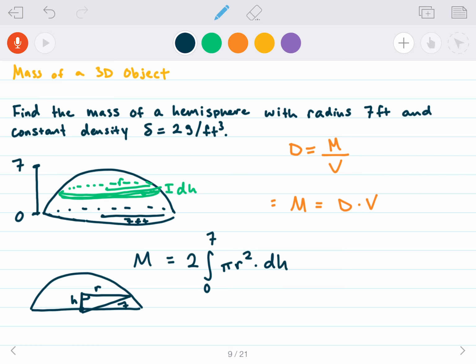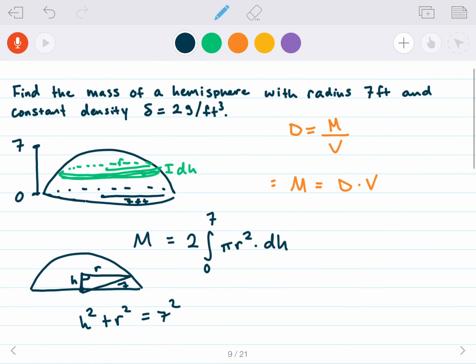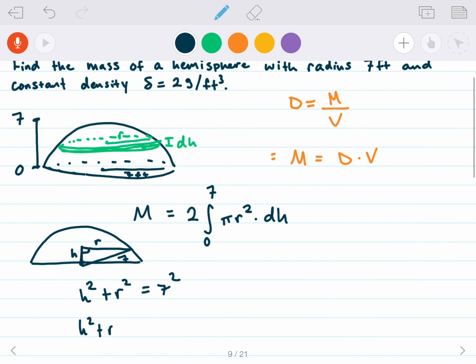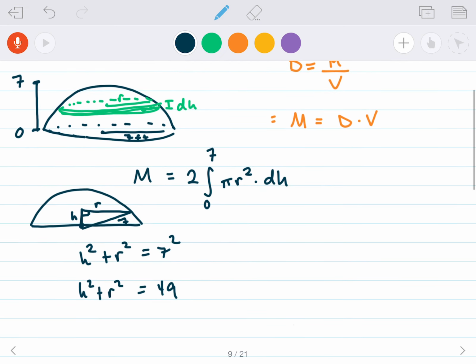The trick is that we can get r in terms of h with the Pythagorean theorem. Leg squared plus leg squared equals hypotenuse squared. So we have h squared plus r squared equals 49. If I solve for r, I'll subtract h squared from both sides, and finally square root both sides to get r is equal to the square root of 49 minus h squared. So that's what I can plug in right here.